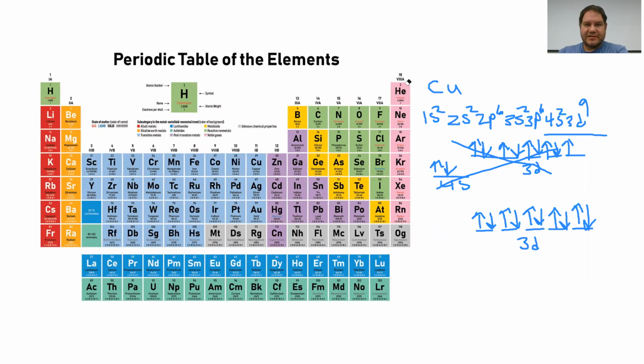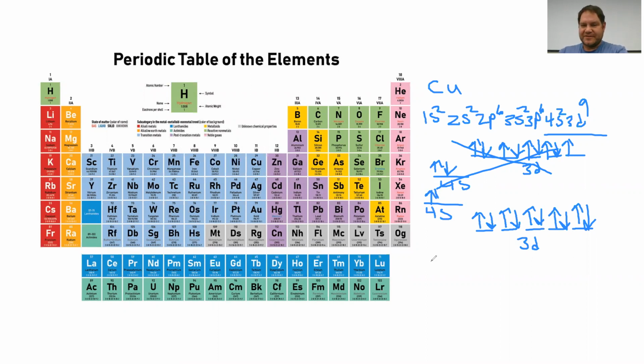Actually, the 4s to be a little bit higher in energy. So there we go. The last electron would go there. So the 3D would be filled first and then the 4s.